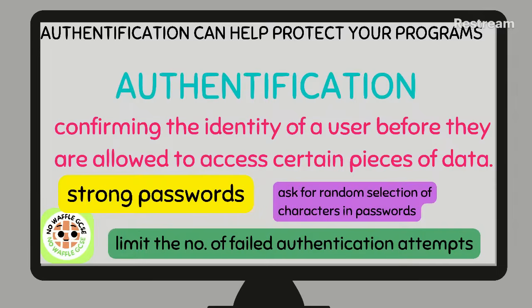Now, you can do this through having strong passwords, talking specifically about different characters and the length of passwords, having them regularly changed, and limiting the number of failed authentication attempts as well. And on top of that, asking for a random selection of characters in passwords, as we spoke about.